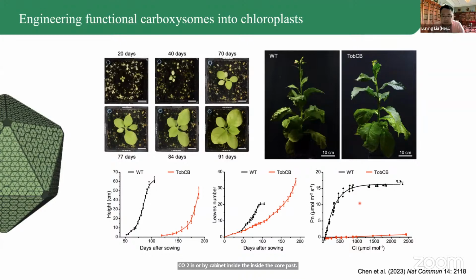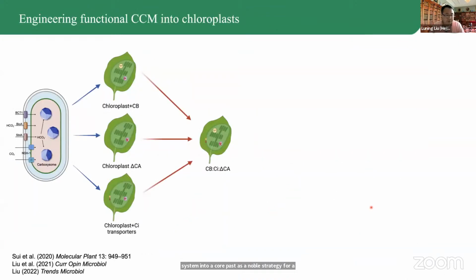Nevertheless, our studies show that engineering a functional carboxysome in the chloroplast is an important first step to engineer a functional CCM system into the chloroplast as a novel strategy for enhancing crop photosynthesis. To build a functional active CCM system, we also need bicarbonate transporters, for example, to be installed into the chloroplast envelope.